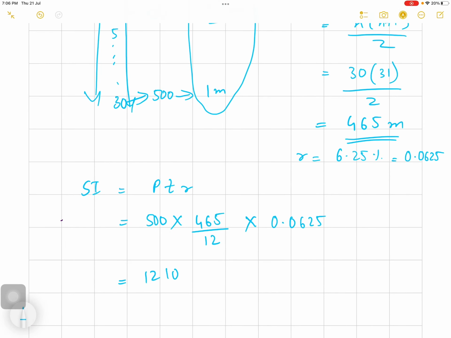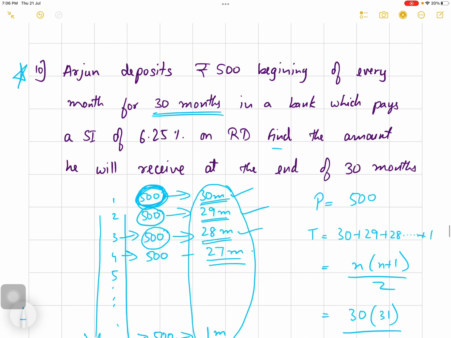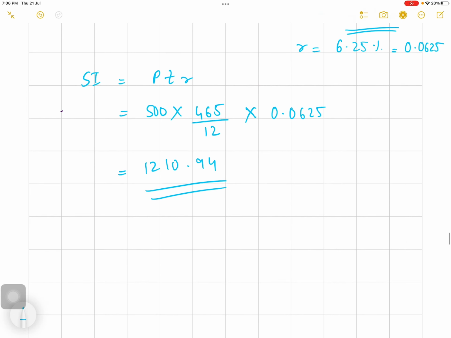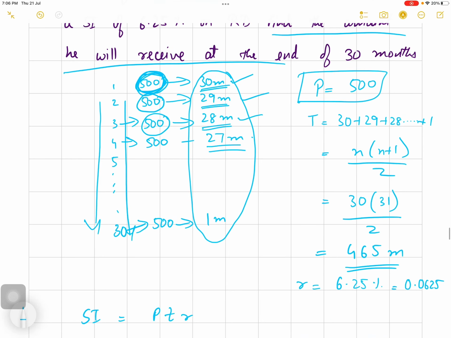So the simple interest is 1210.94. But what is asked? Find the amount he will receive at the end of 30 months. So he will receive principal plus simple interest, correct? But this principal we took so that calculating interest becomes easy. Actually, the total deposit is not 500, right?